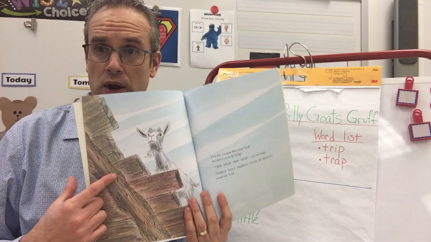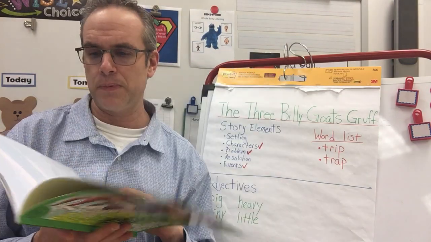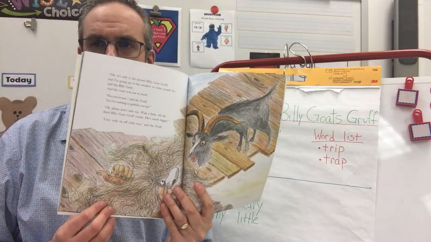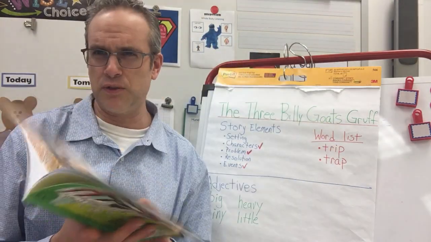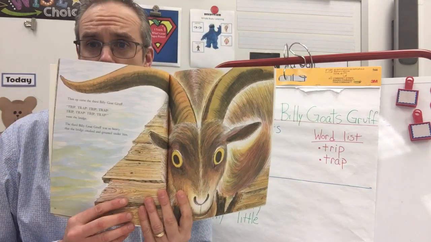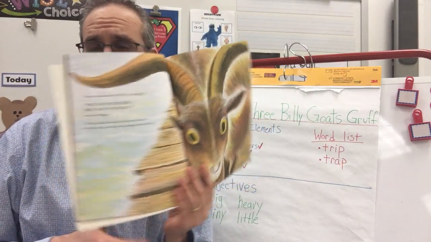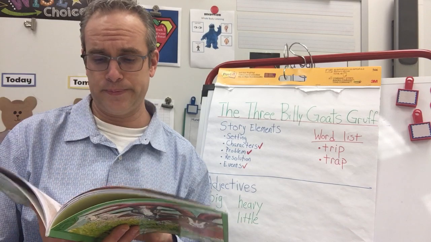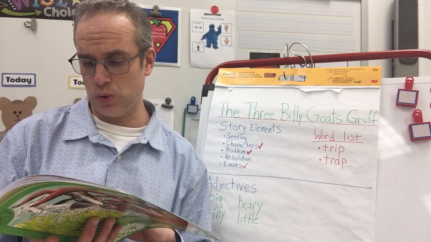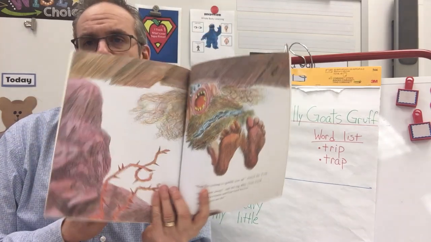And they go over the bridge one at a time. First the small billy goat, then the second billy goat, and they keep telling him, wait for the next billy goat because he's bigger. And then the third billy goat comes in. He's huge. He knocks the troll into the water. It says he butts him with his horns. And the troll says, I'm going to gobble you up.